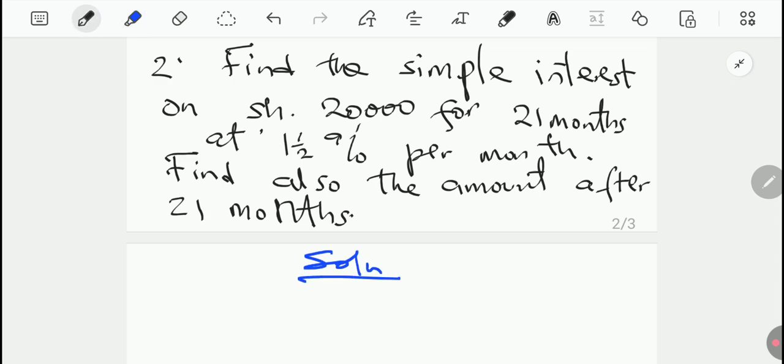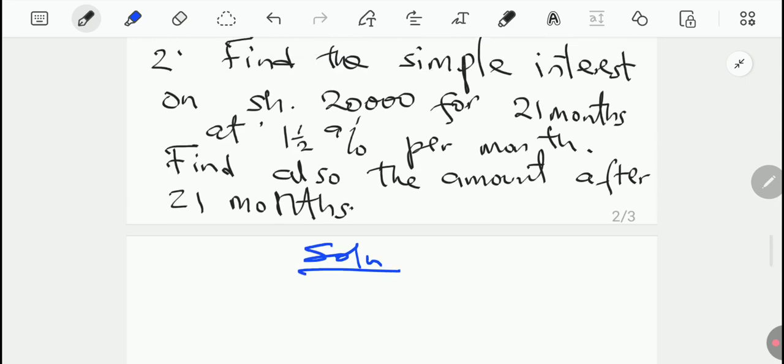Now, they want us to find the simple interest on shillings 20,000 for 21 months at 1.5% per annum. That's the rate. Find also the amount after 21 months. So they have told us two things: simple interest and the amount.